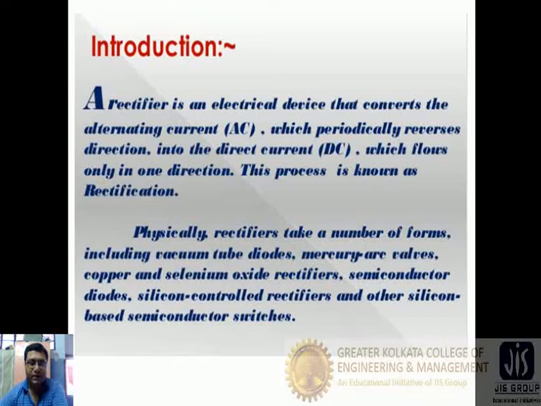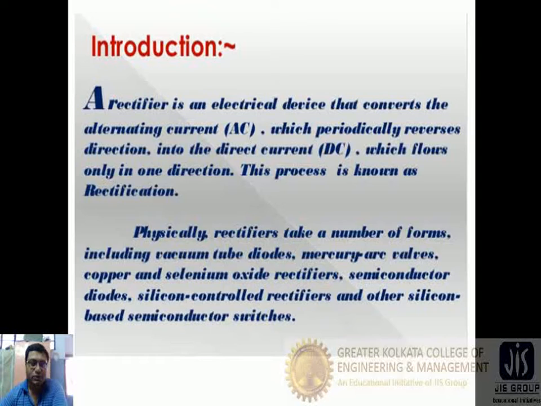A rectifier is an electrical device that converts the alternating current, that means the AC current, which periodically reverses direction, into the direct current which flows only in one direction. This process is known as rectification. This is the important thing.